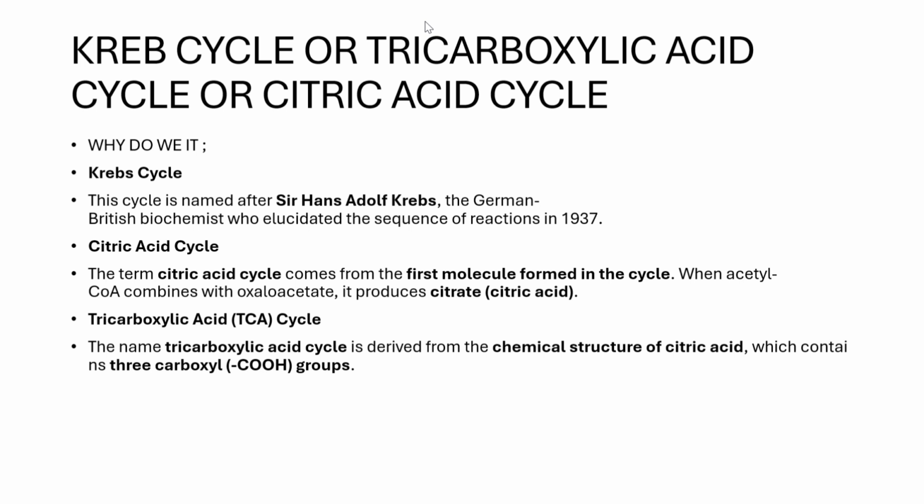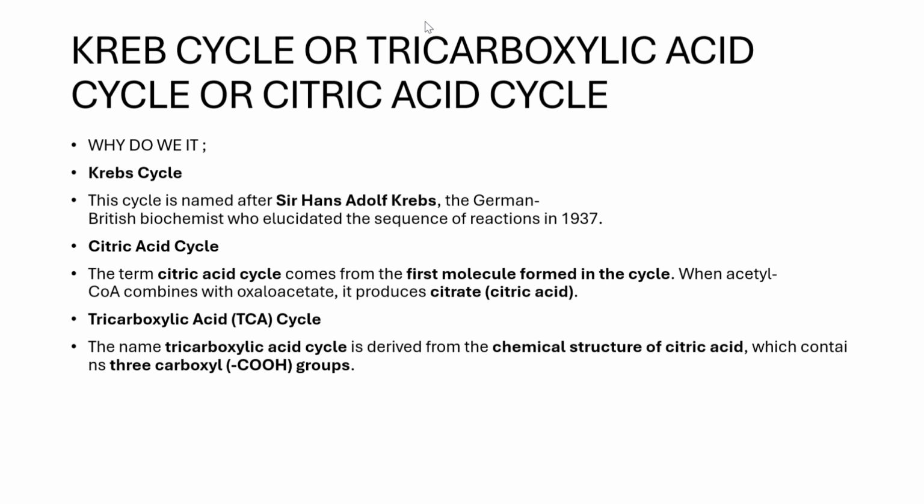We also call it the citric acid cycle because the first molecule produced in the cycle is citrate, or citric acid. It's formed as a result of acetyl-CoA combining with oxaloacetate to produce citrate. So the term citric acid cycle comes from that first molecule produced in the cycle.